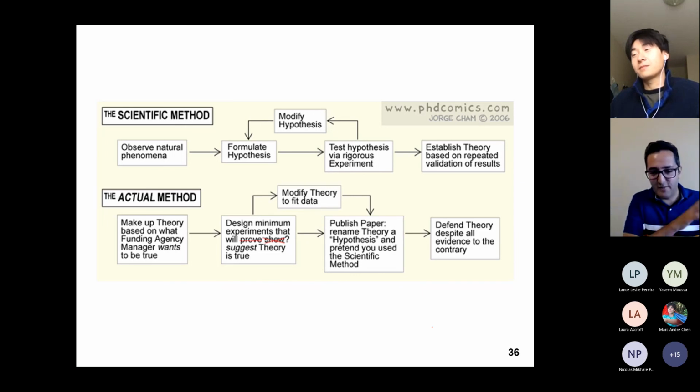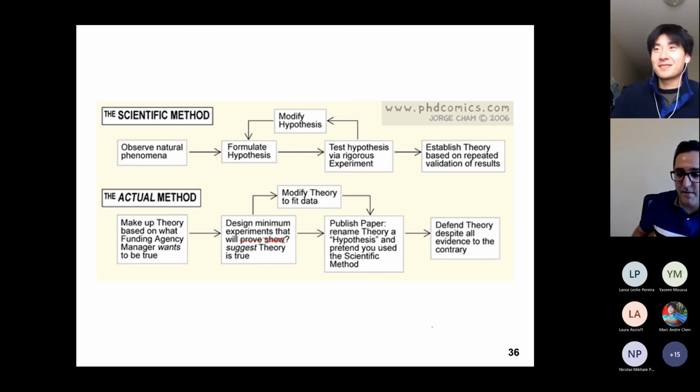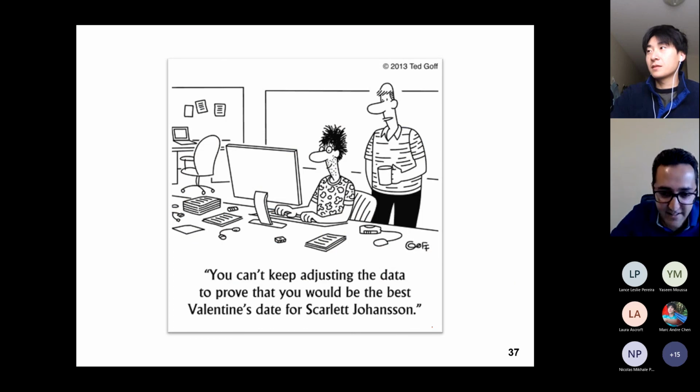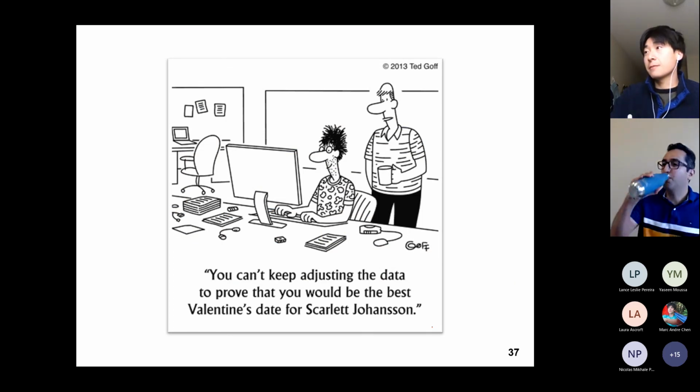Instead of iteratively modifying the hypothesis, we just modify the theory to fit the data, and we go ahead and publish the paper, and we defend the theory despite all of the problems that it has. And here's a relevant meme for you. It's about adjusting the data, right?